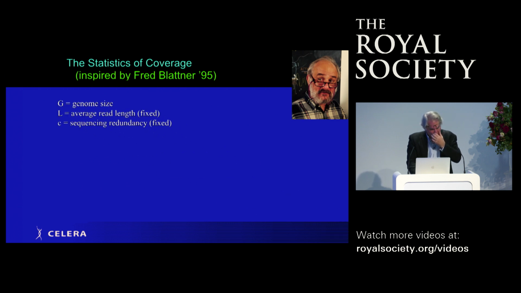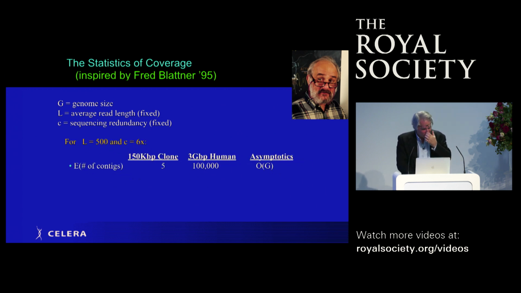So I thought about it, and there was a statistical theory called the Lander-Waterman theory, or the Poisson theory, a statistical argument that gave a good reason for not trying to do bigger problems. For example, if the length of the reads is 500 base pairs and the redundancy or coverage is 6x, then how many contigs do you expect?